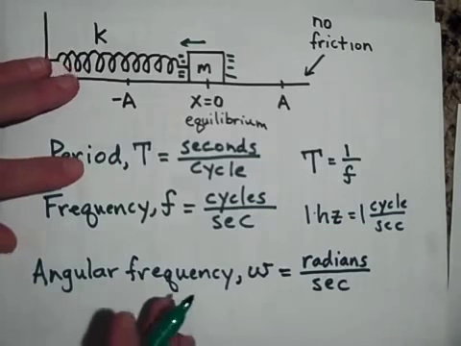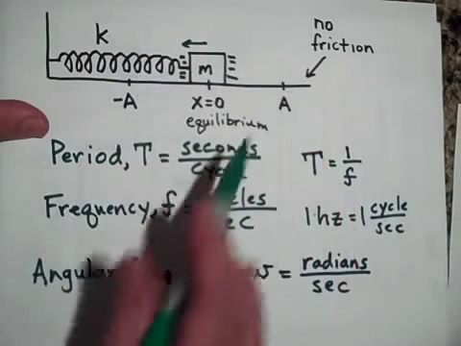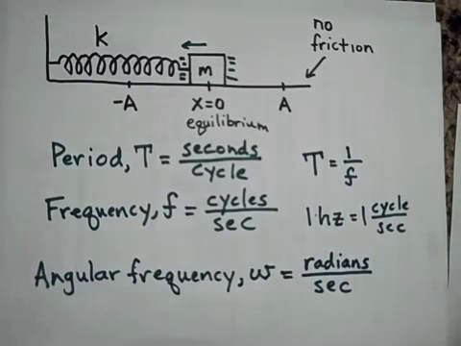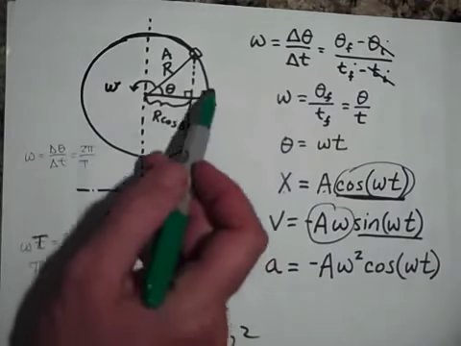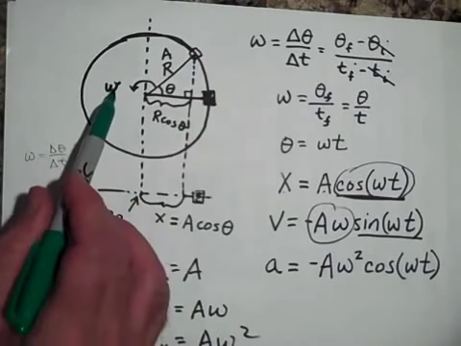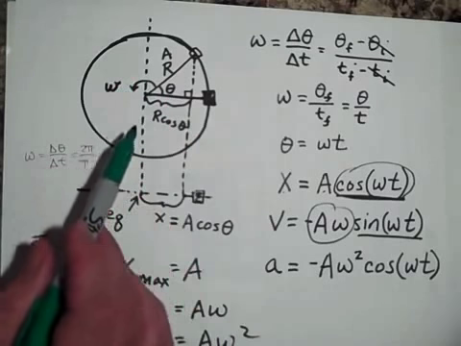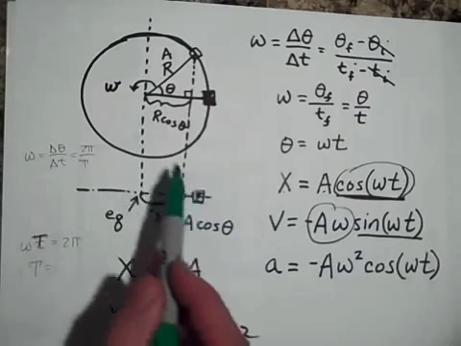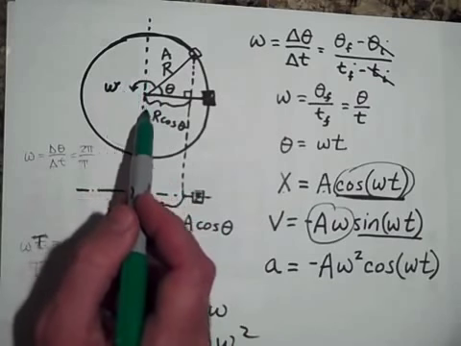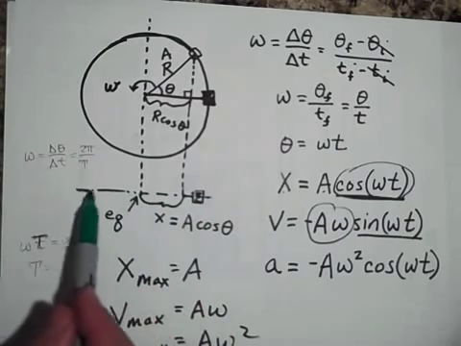Now you might think, gosh, radians, this isn't going in a circle. How come we're talking radians if this isn't going in a circle? But if you remember the original picture of this thing, we looked at circular motion, and this omega, the radians per second that this is going around, is equal to the angular frequency of this. So the angular velocity is in radians per second, and so is the angular frequency.